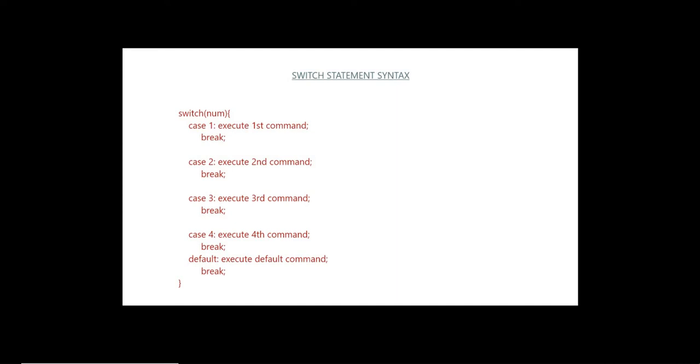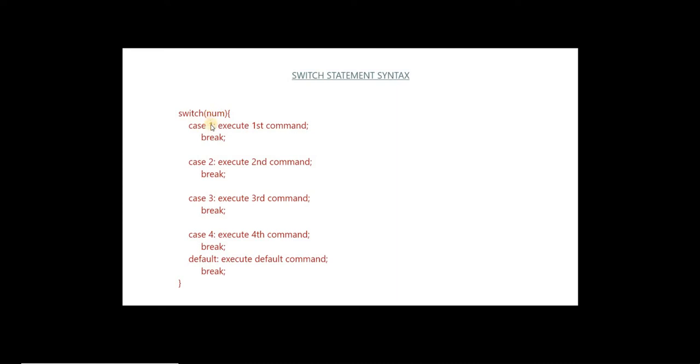Now, how does a switch statement work? The syntax for a switch statement is as follows: write the keyword switch, and inside it put the variable which you want to switch for different cases, like when you want to execute different commands for different user inputs. As in the situation I described, we will display the day of the week for the number entered by the user.